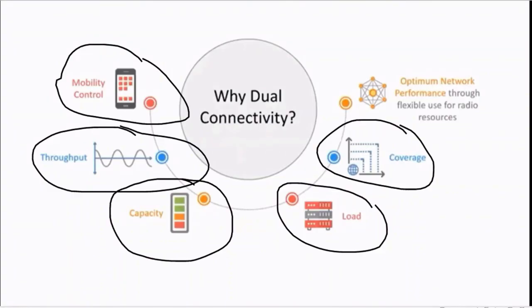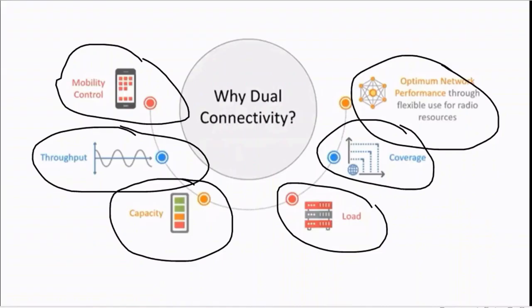That's why load balancing plays an important role in improving the user experience and network performance by redistributing the traffic load among the neighboring cells. Okay, so load balancing is one of the other benefits of dual connectivity. And of course, finally, we boil down to optimal network performance.